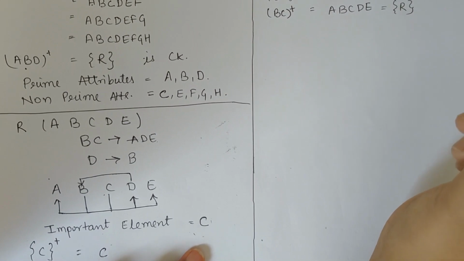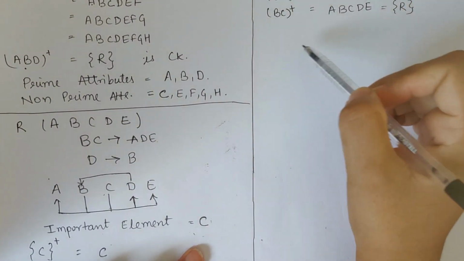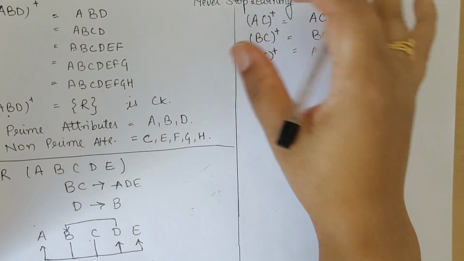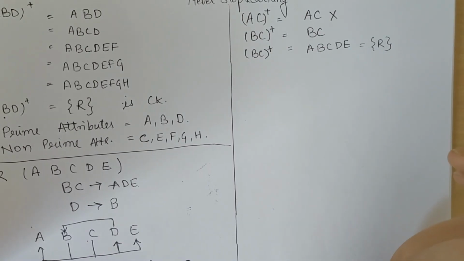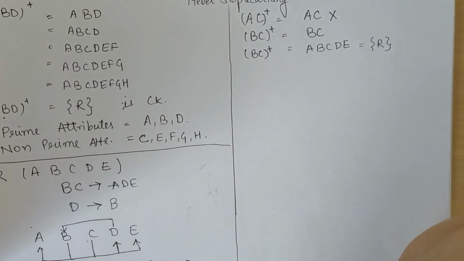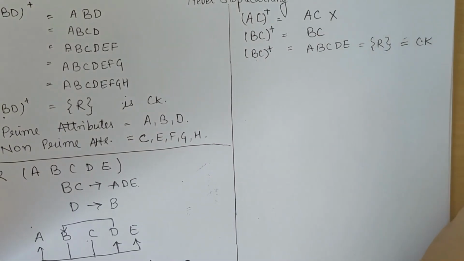C is the important element, but it does not have the power to find the entire relation R alone. But if we combine it with some other element, it can become a candidate key. So BC is able to find the entire relation R, and I can say BC is my candidate key.